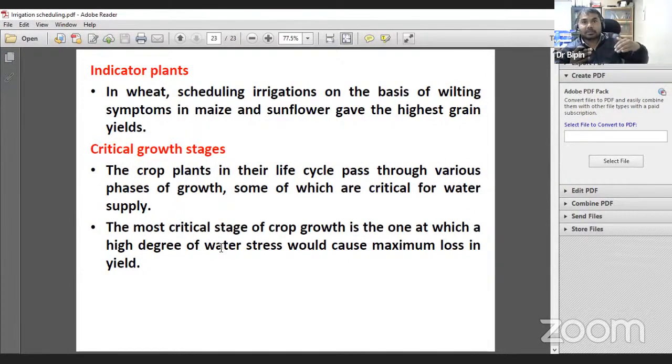So on the basis of critical growth stages, you can say which crop will come up to which stage. Just giving an example: CRI, early jointing, late jointing, flowering, dough, milking, dough. These are some of the critical growth stages. So according to the availability of moisture, you can schedule irrigation according to the critical growth stages, when to irrigate. Okay, so this was all about scheduling irrigation.